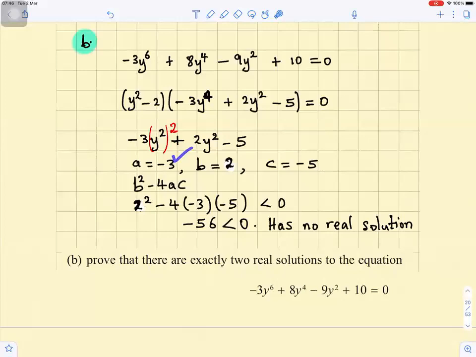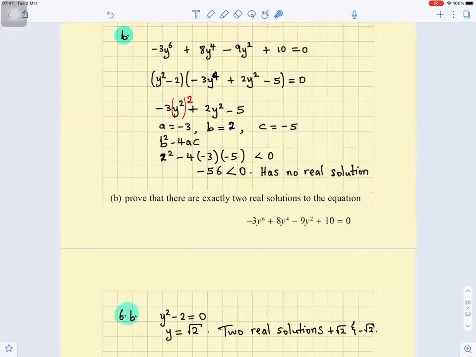So A is minus 3, B is 2, and C is minus 5. And we're using B squared minus 4AC. So it's 2 squared for B, minus 4 times A, which is minus 3, times C, which is minus 5, is less than 0. So you get minus 56, which is less than 0. So it has no real solutions. So that's what we wanted to show.